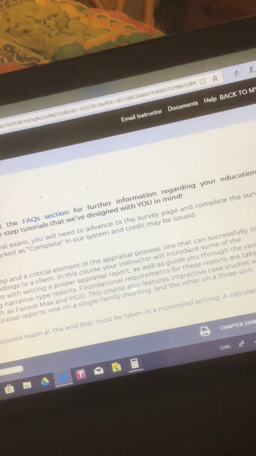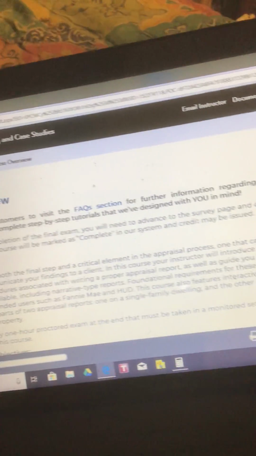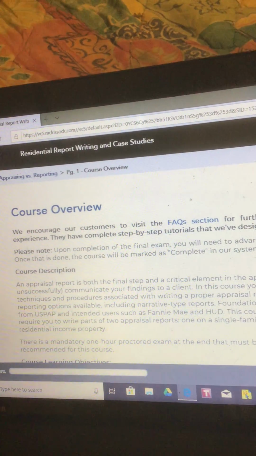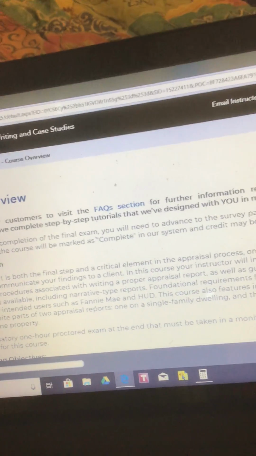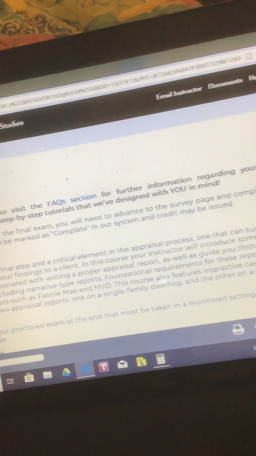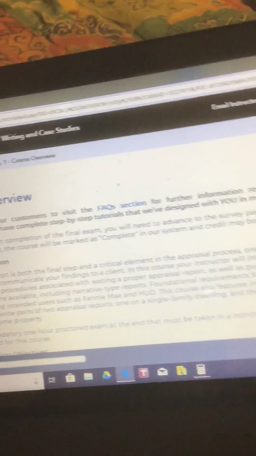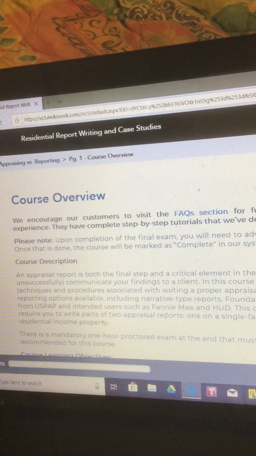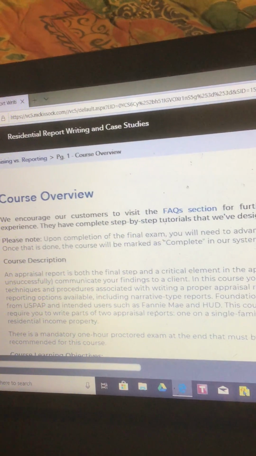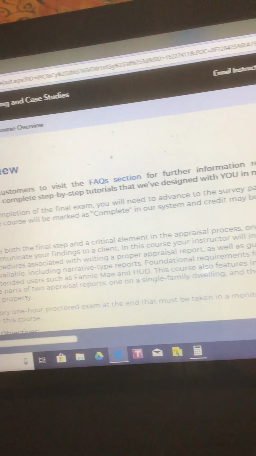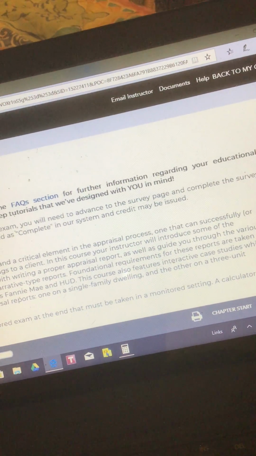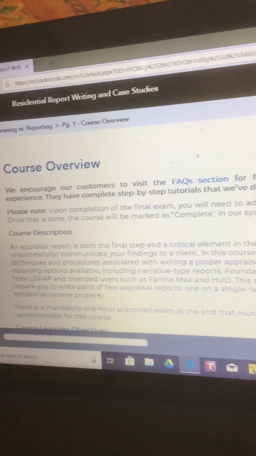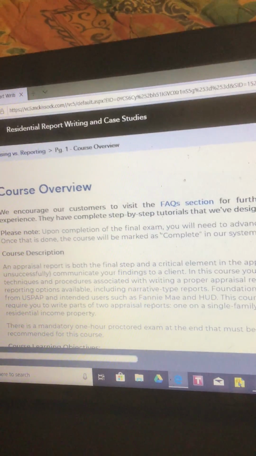Foundational requirements for these reports are taken from USPAP and intended users such as Fannie Mae and HUD. This course also features interactive case studies which require you to write parts of 2 appraisal reports, one on a single family dwelling and the other on a 3-unit residential income property.